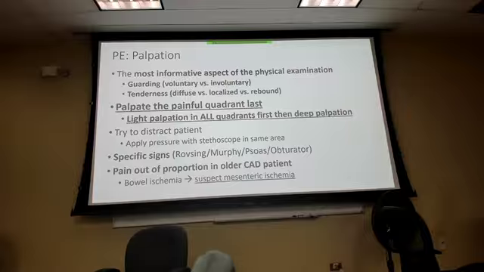All right, and pain out of proportion, especially in a patient who already has confirmed cardiovascular or coronary artery disease. Do you think someone who has arterial disease in the heart, the vasculature knows and it's only going to attack the heart? Or is it all of your vasculature?